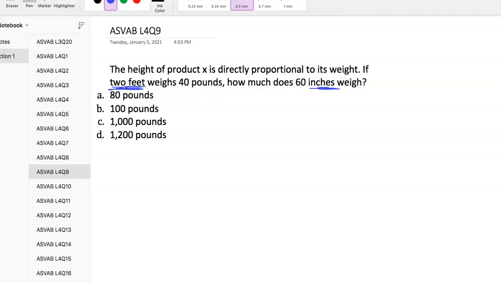Hopefully we know that there's 12 inches in a foot, and so there are 24 inches in 2 feet. Okay, 24 inches and 40 pounds equals, again, it's exactly proportional, 60 inches and then X, which is the part we don't know, how much 60 inches weighs. Okay, and once we've set that up, we're in good shape.